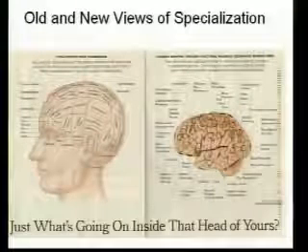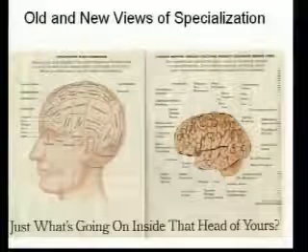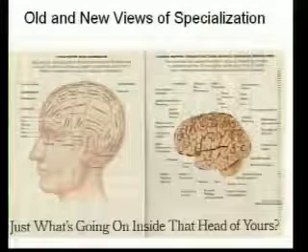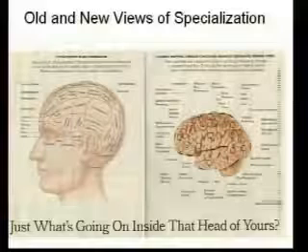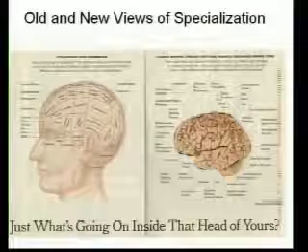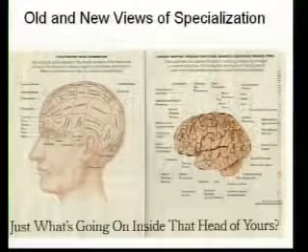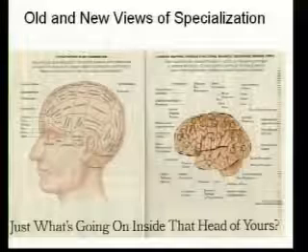But here is a view of functional specialization as of just a couple of years ago, where here is a part of the brain that does approximate mathematical operations. If I ask you to guess what 23 times 58 is, you say, oh, yeah, a couple thousand, okay? That part of the brain, right here, is what performs that. Here's another part of the brain that's involved in the anticipation of pain.